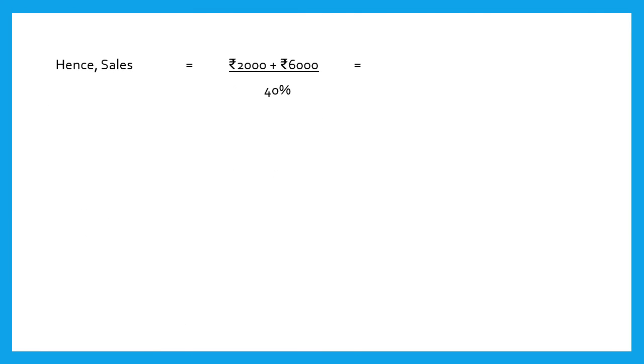By entering the available figures into the formula, we can get sales as equal to rupees 2,000 plus rupees 6,000, that is 2,000 is our fixed cost plus 6,000 is our desired profit. Upon PV ratio, we will get the sales of rupees 20,000.